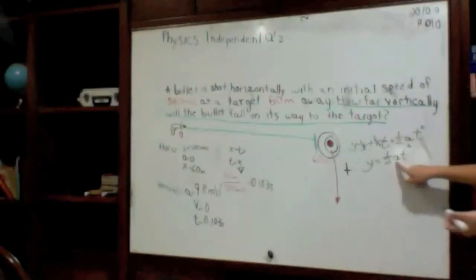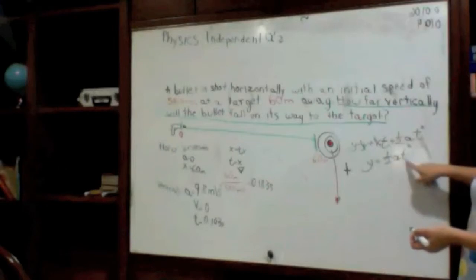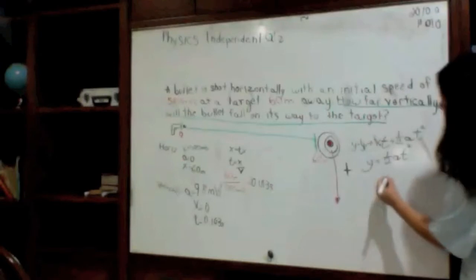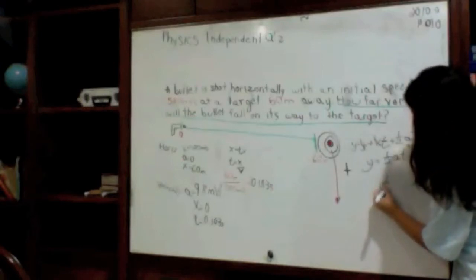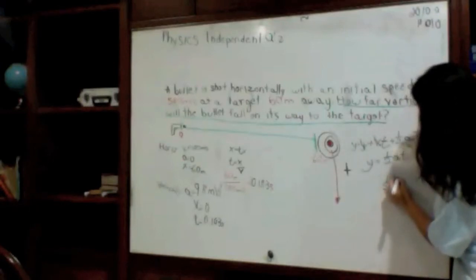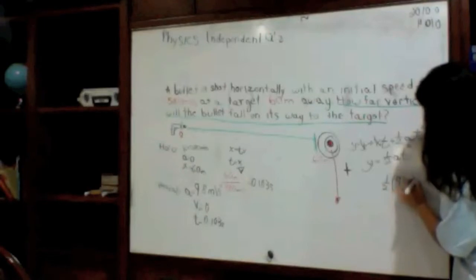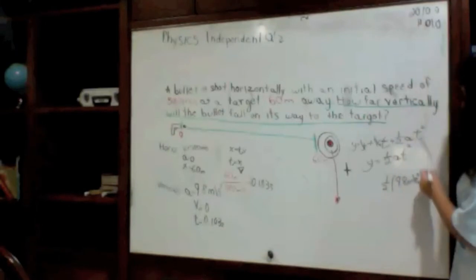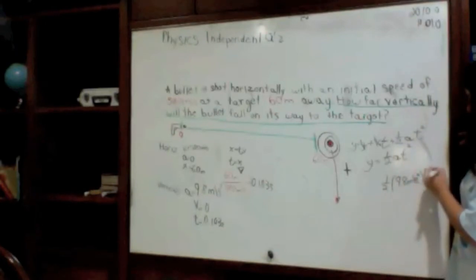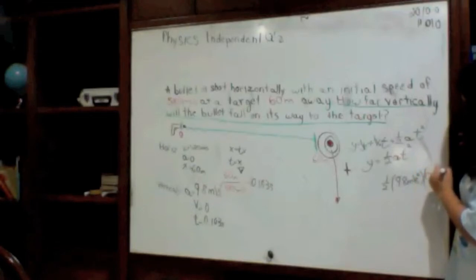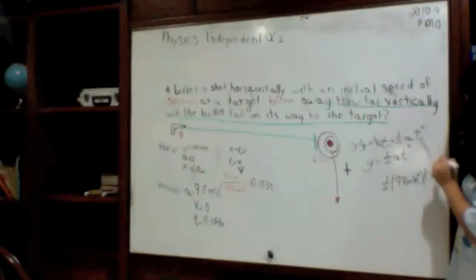Now we substitute for acceleration and time, and that's easy because we know that our acceleration is positive 9.8 meters per second squared, and that times our time, which is 0.103, and don't forget to square that.